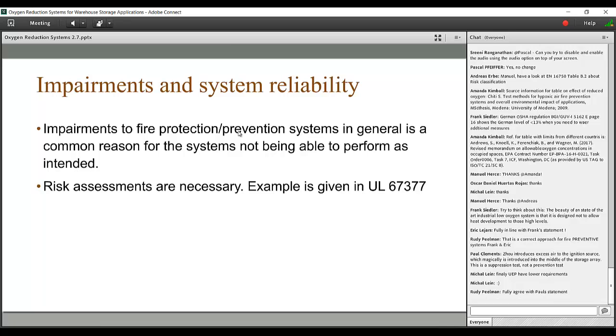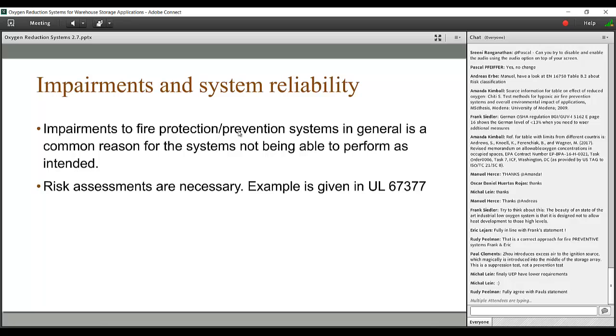One of the things that we've also learned from every other type of fire prevention and protection system is that impairments to the system, for whatever reason, are often a reason for the system not being available when needed or not functioning at the level that it's expected to when needed. So risk assessments can be helpful with this.